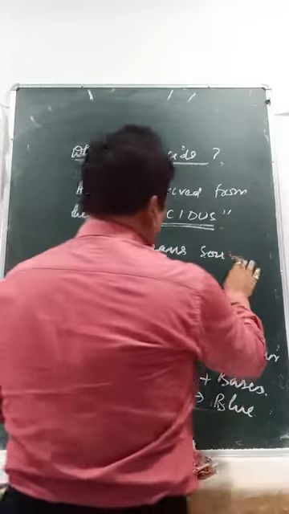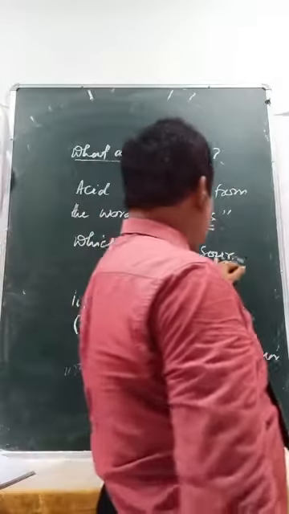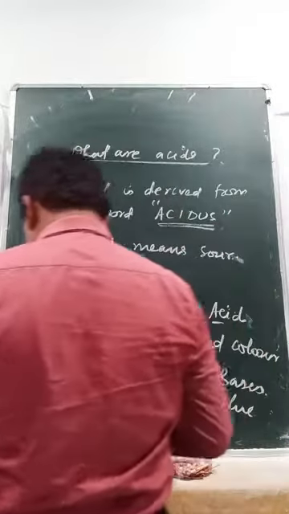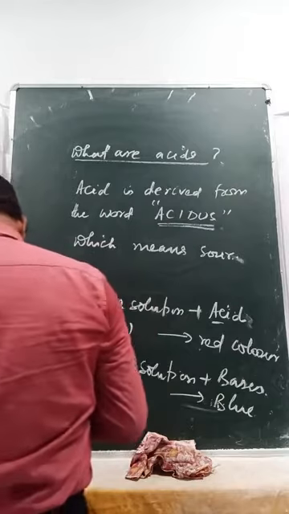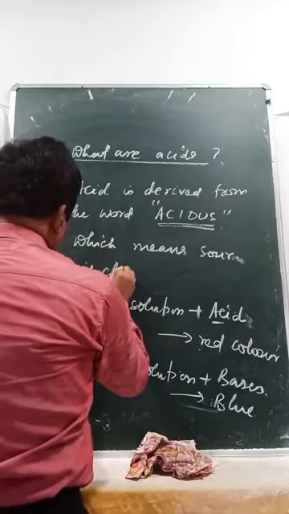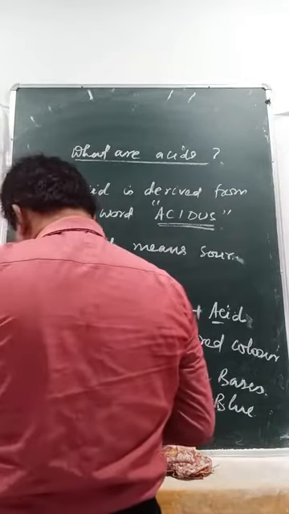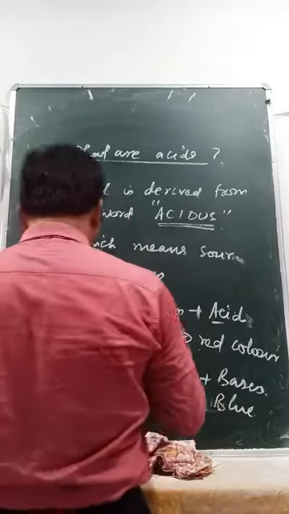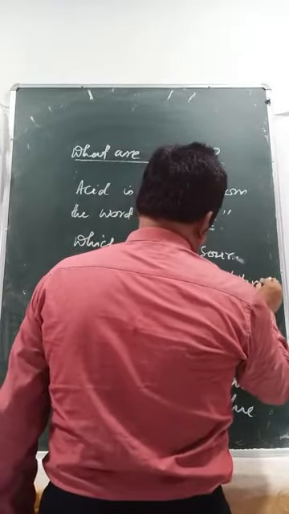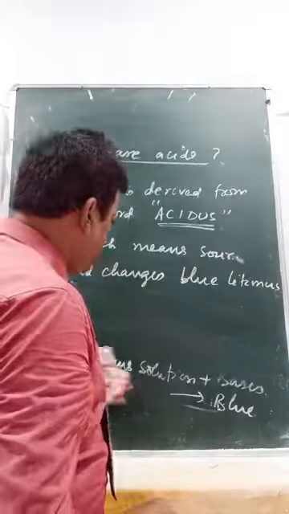That means the first point you got: any substance that has a sour taste is called acid. Also, the second point here is, acid changes blue or purple litmus to red color.